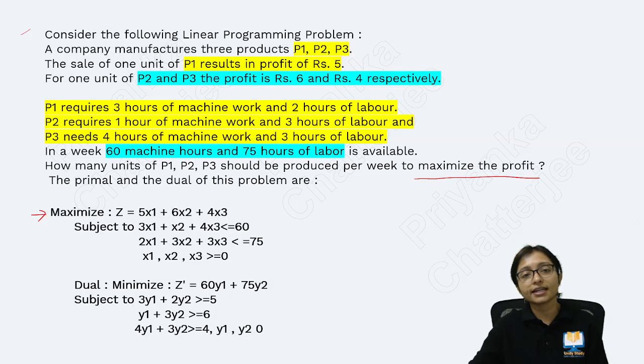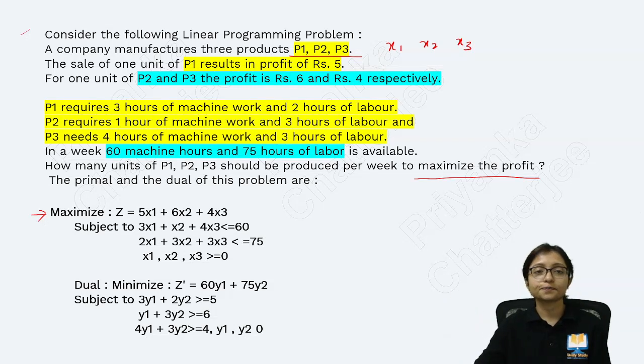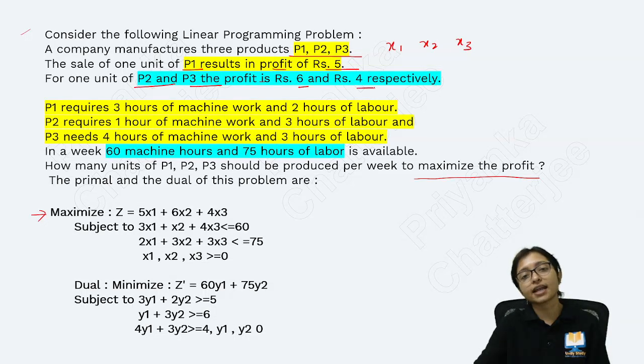You can see here it is given P1, P2, P3. Three products are there. For these three products we will take three variables, x1, x2 and x3. Now you can see P1 results in profit 5, P2 and P3 result in profit 6 and 4.